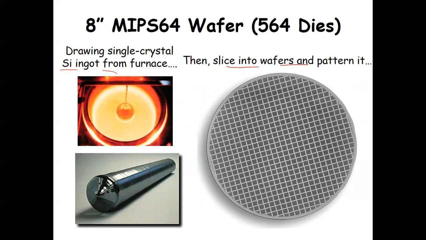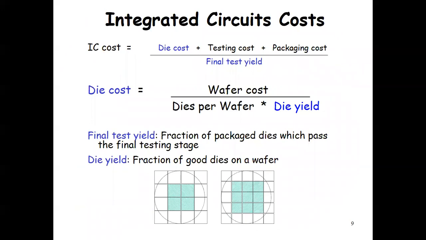We take it out and cut it into several slices, and these individual slices are called wafers. And on these wafers the transistors will be placed. Okay, so this is what we previously discussed.